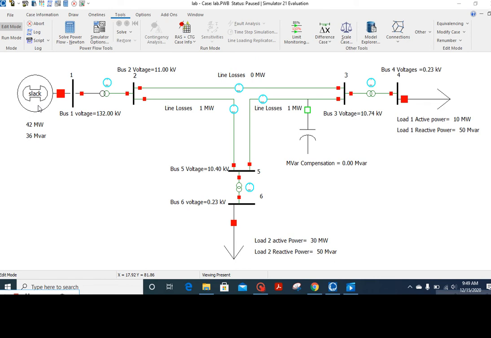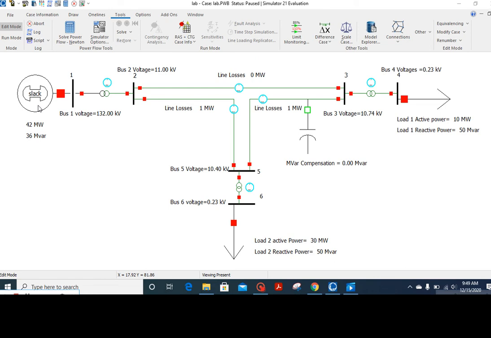Normally, we do not use generation level up to 132 kV, but here we had a need to supply this whole circuit. That's why I used a generator which is giving us power at 132 kV.